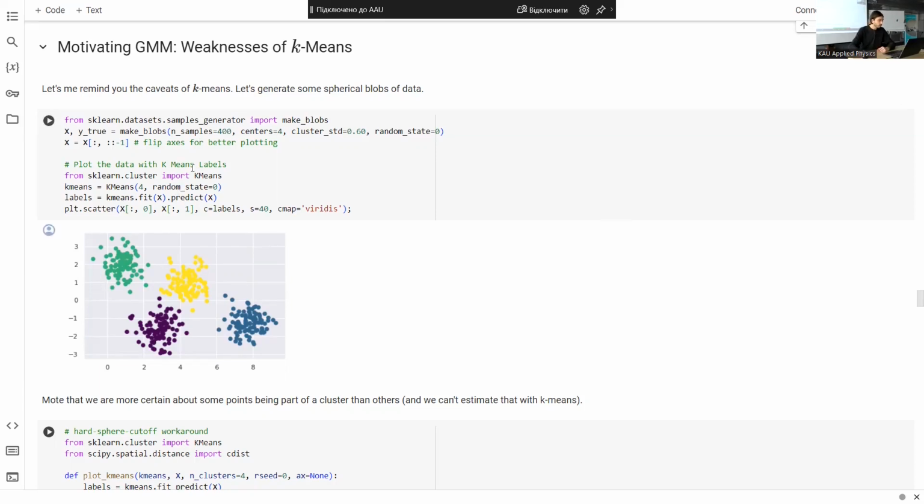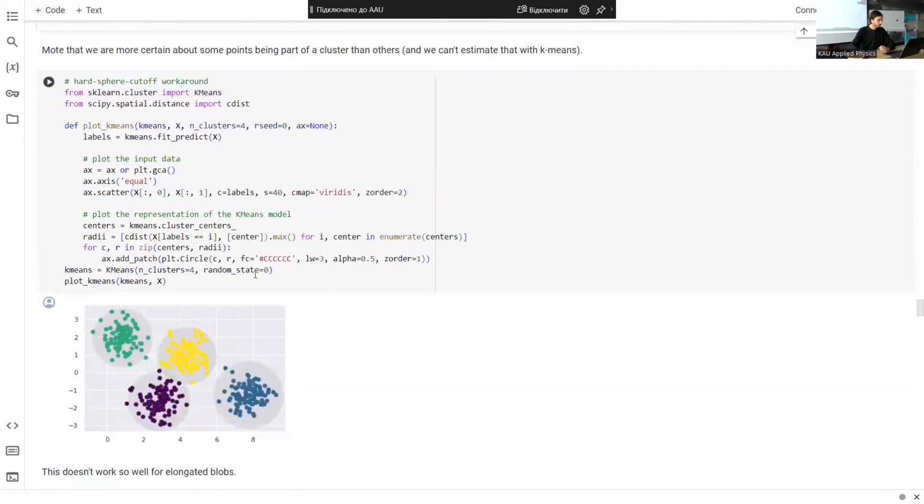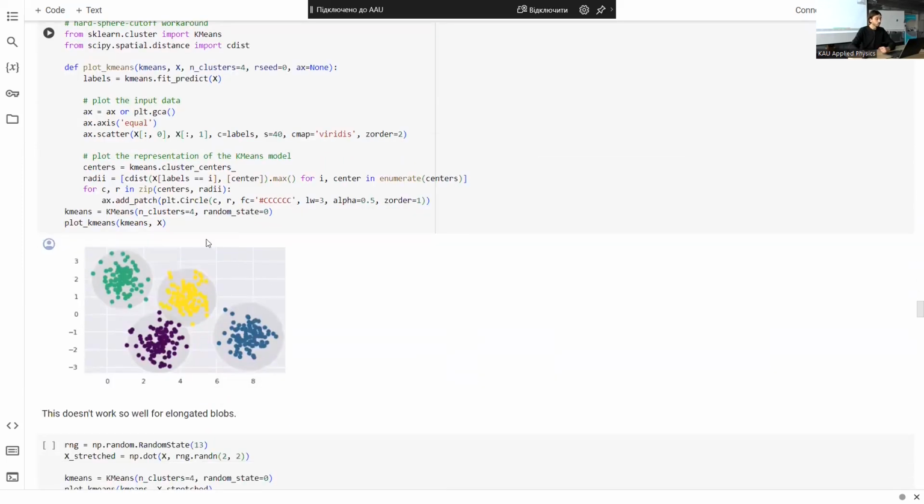Here is an example where we generate some blobs of points and we are trying to perform some prediction with k-means. So I'm doing some fit and predict. Here it works quite nicely. Here is the explanation why it works nicely: if I'm trying to fit some normal distributions with diagonal sigma matrices, you might see that all these blobs of points can be encircled.